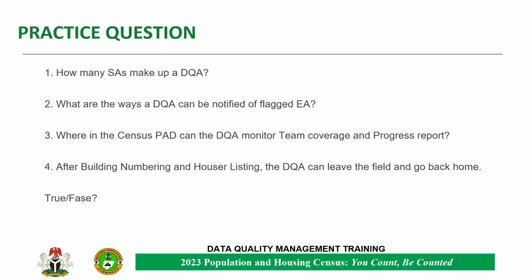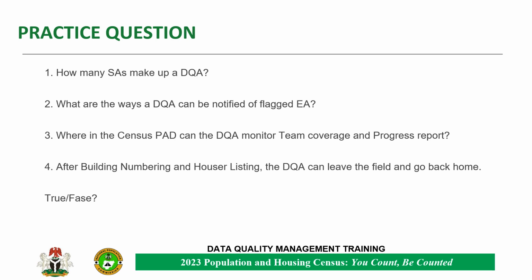Here are some practice questions. How many EAs make up a DQA area? The question is supposed to be how many EAs make up a DQAA, Data Quality Assurance Assistant area, and the answer is 3 to 5 EAs. In what ways can a data quality assurance assistant be notified of flagged EAs?